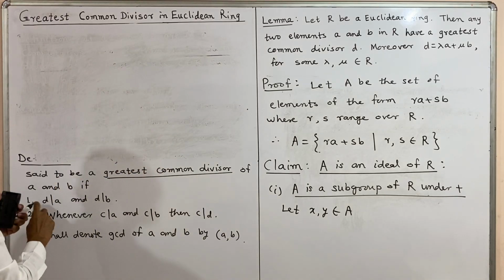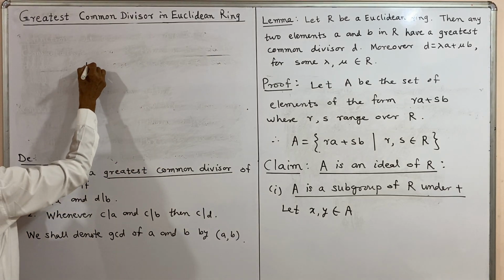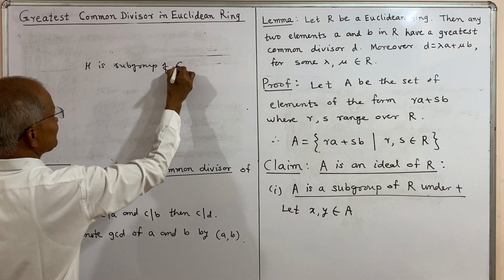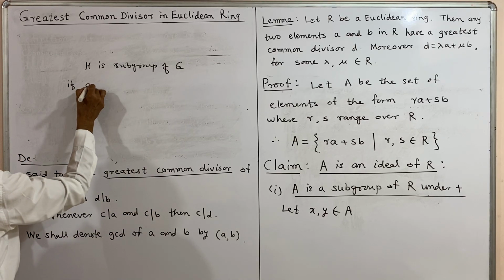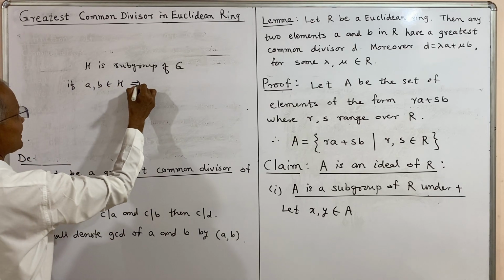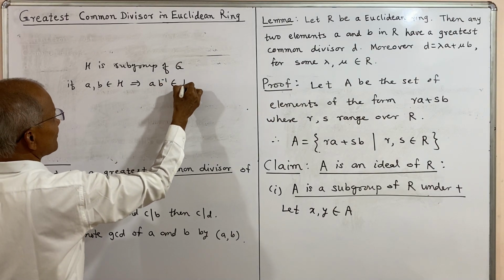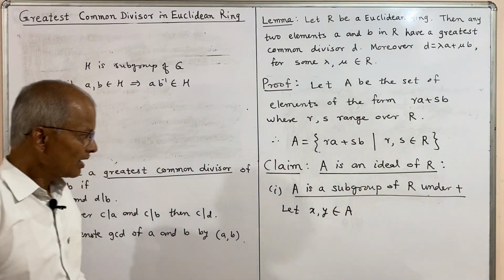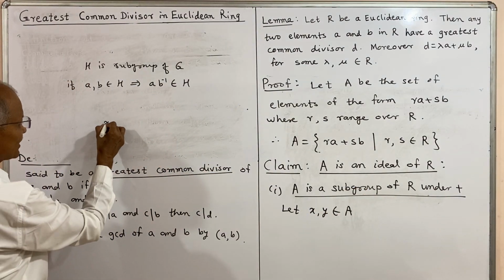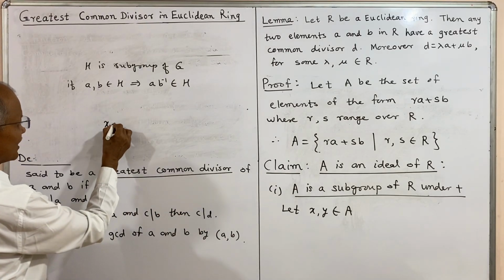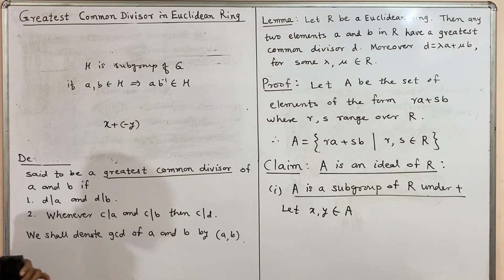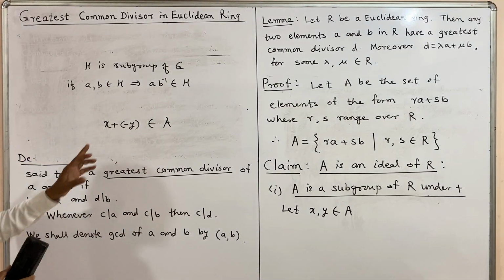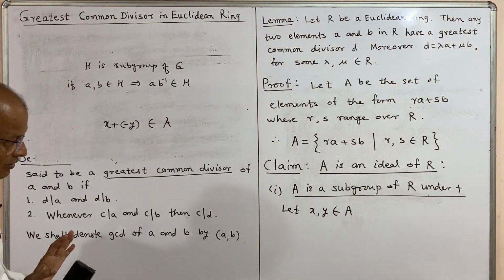So we know from group theory, H is a subgroup of G if A, B belong to H implies A times the inverse of B belongs to H. Here the operation is plus, and therefore we need to prove X plus the inverse of Y, which is negative Y, belongs to A, and that means X minus Y belongs to A. That we need to prove.